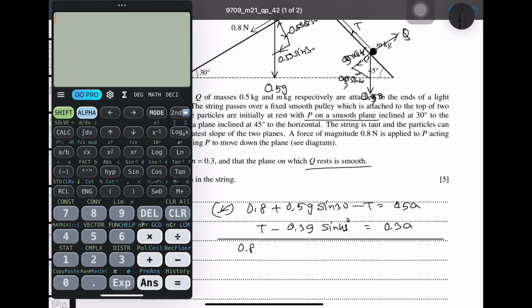So 0.8 plus 0.5 g sin 30 minus 0.3 g sin 45 equals 0.8 times a.